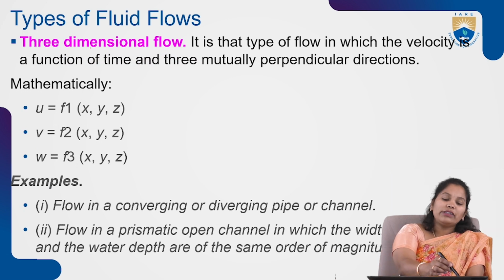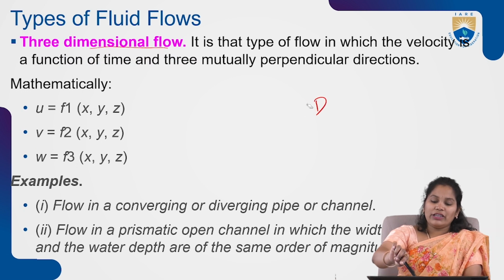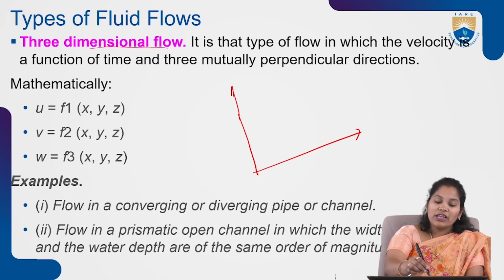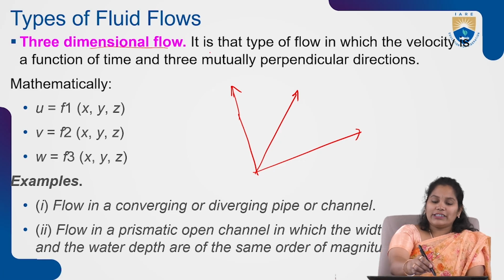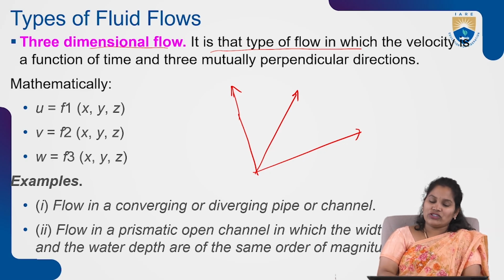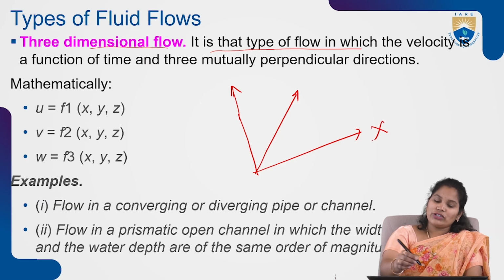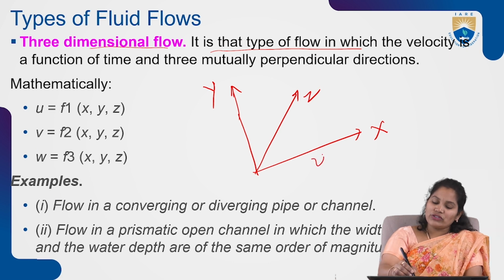Now, three-dimensional fluid flow. Here we are calculating the velocity components in all three mutually perpendicular directions, right? It is a type of flow in which the velocity is a function of time and three mutually perpendicular directions, that is x direction, y direction and z direction. In x direction, the velocity component is u.